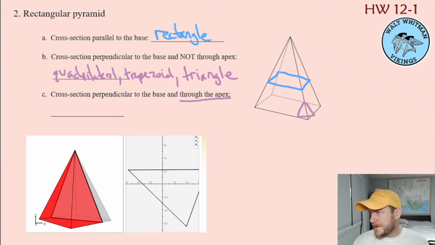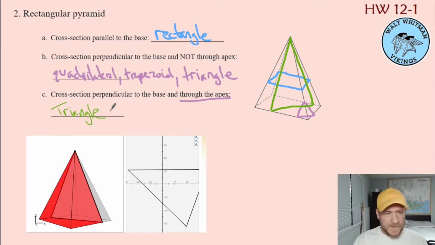And so you could draw that if you wanted to. You could imagine coming down this front face. You could imagine going down that rear face and then running across the base here. But you're just getting a triangle.